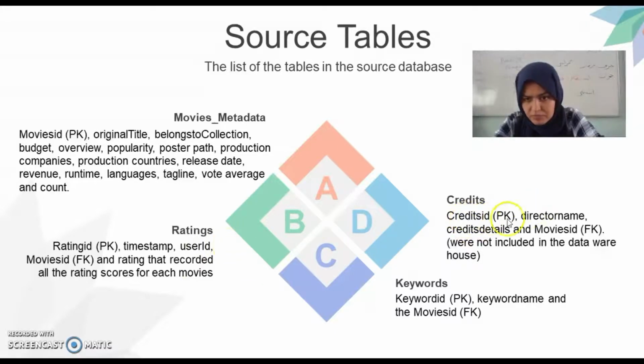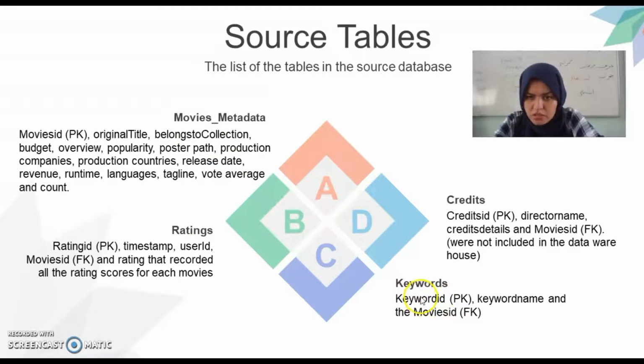Credits: credit ID as a primary key, director name, credit details, and movie ID as a foreign key. We deleted this table in the second stage of our project, because we try our best to get good, exact information on the movies from 3 tables, as the minimum is 3 tables.